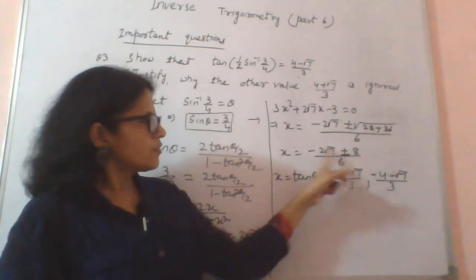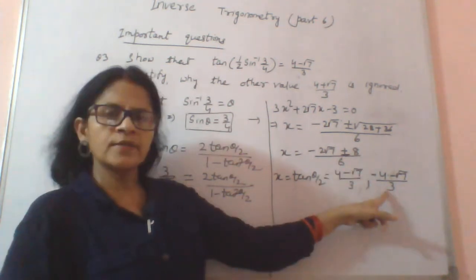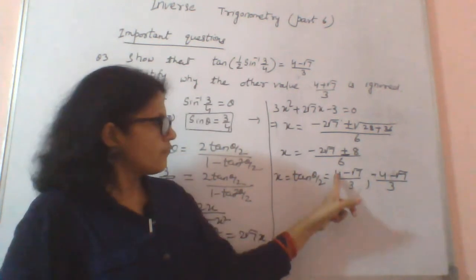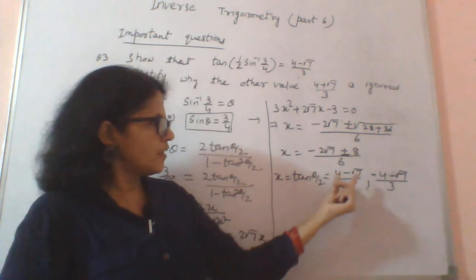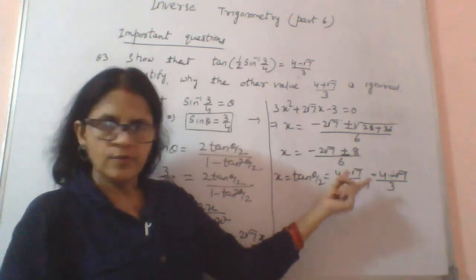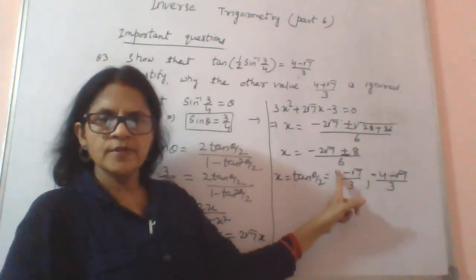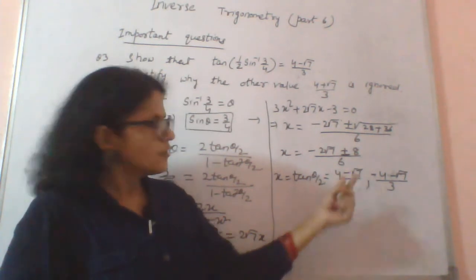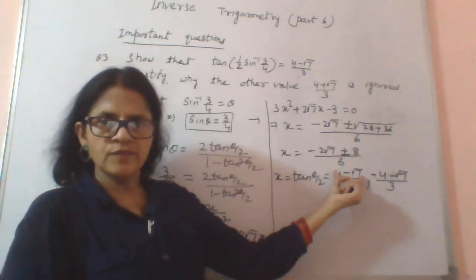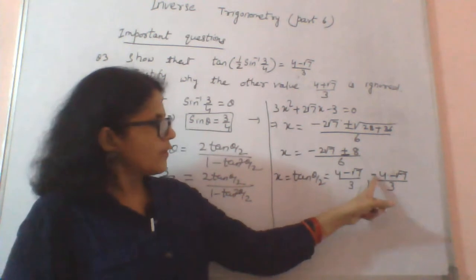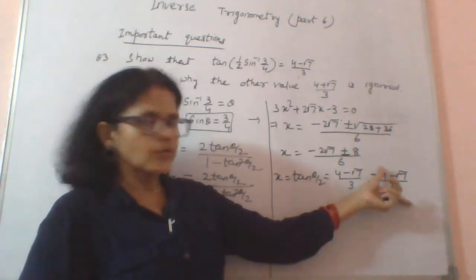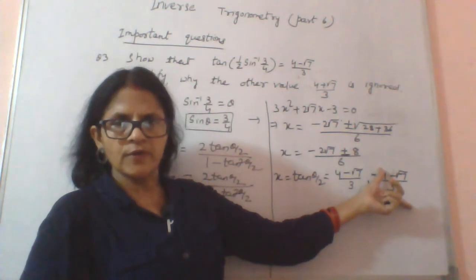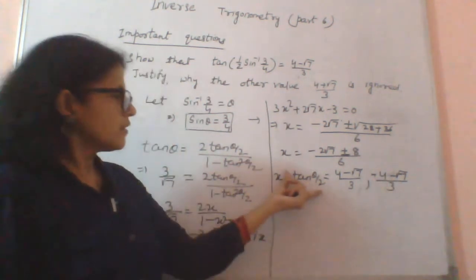Similarly, minus 4 minus root 7 by 3, right? And 4 minus root 7, is it less than 0 or greater than 0? So obviously 4 is more than root 7, so this quantity is positive, this root is positive root, whereas minus 4 minus root 7 by 3 is your purely negative quantity. Okay, so tan theta equal to this.